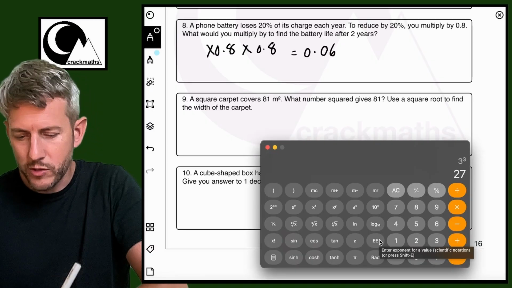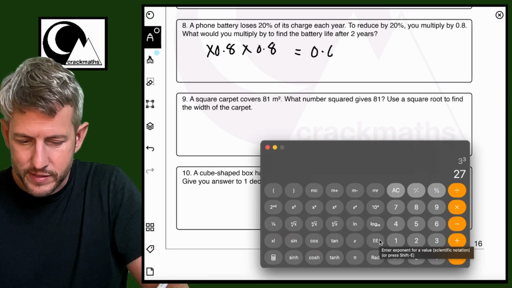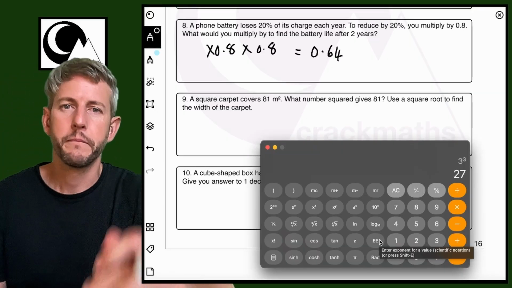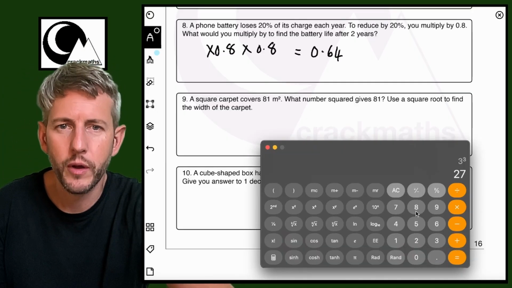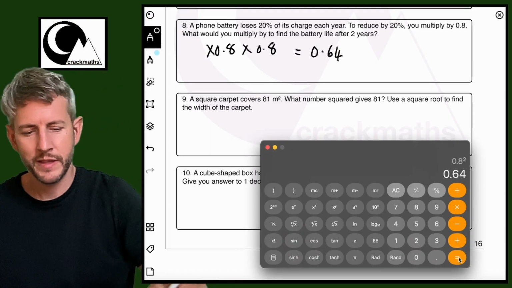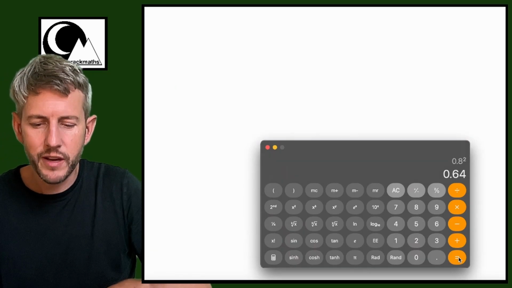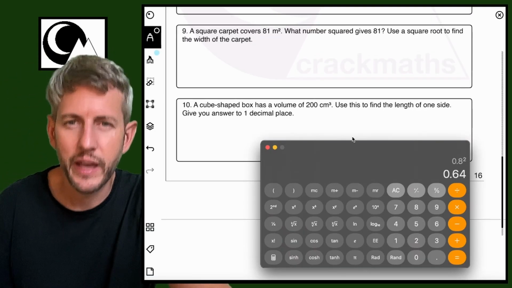Oh, no, it's not going to be 0.064. It's going to equal 0.64. And just to check that, we've got here 0.8 squared. Here we go. Yep, 0.64. Right, let's have a look at question 9.